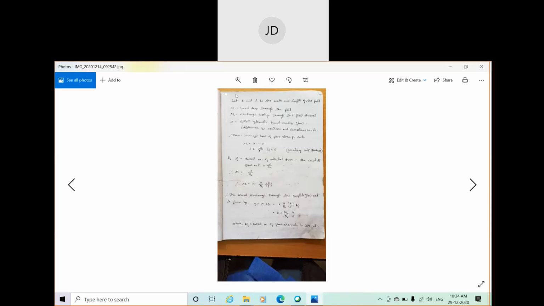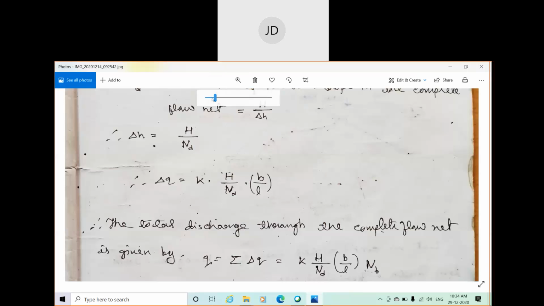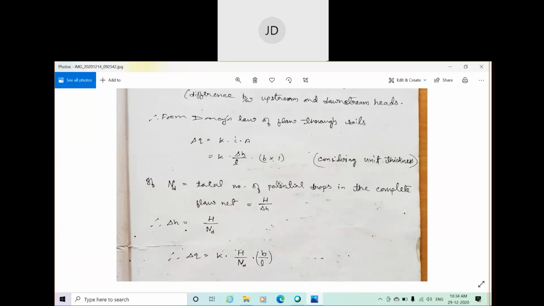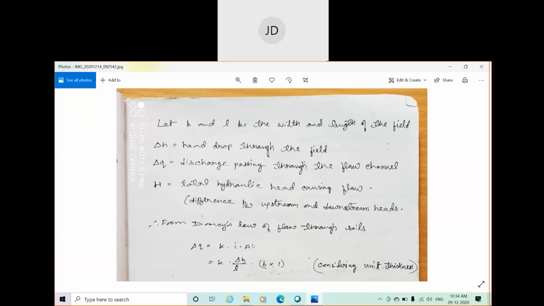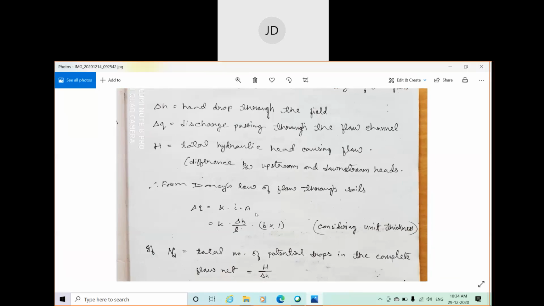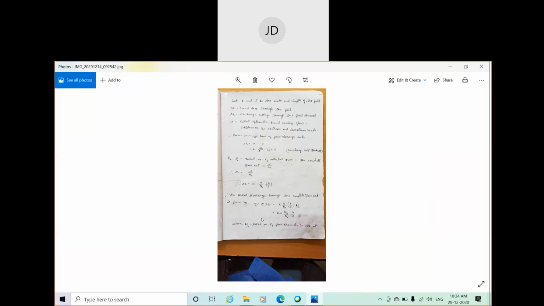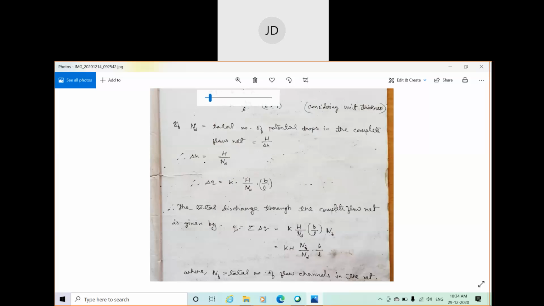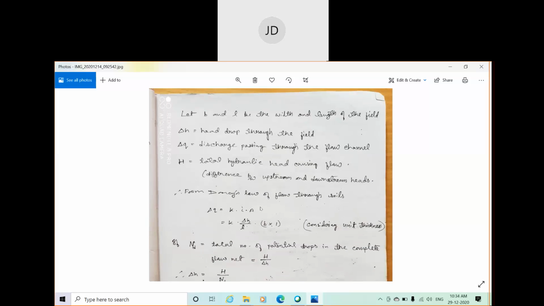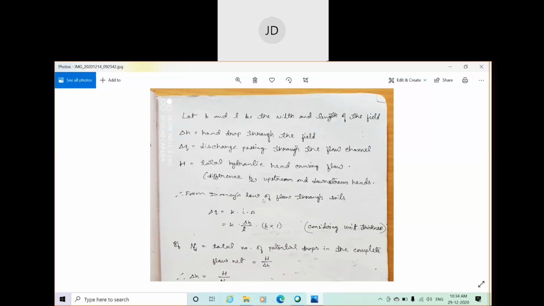So let's discuss how to determine discharge using flow net. If you can draw a flow net with you, it will be better. As you can remember from the graphical representation of flow net, let B and L be the width and length of the field.